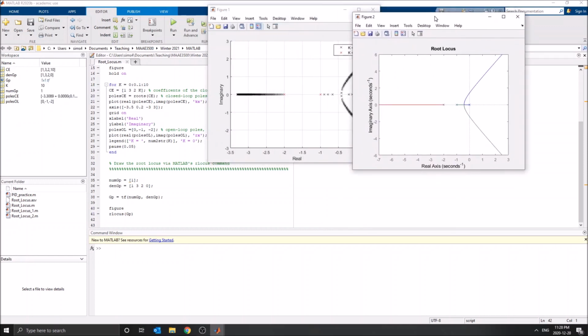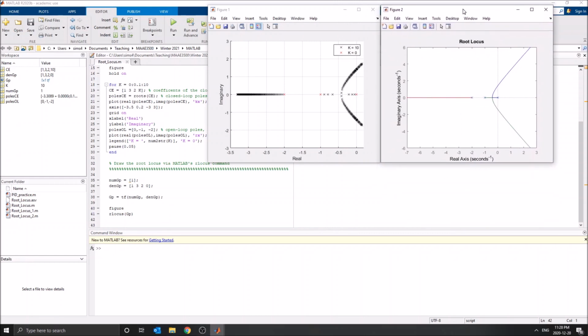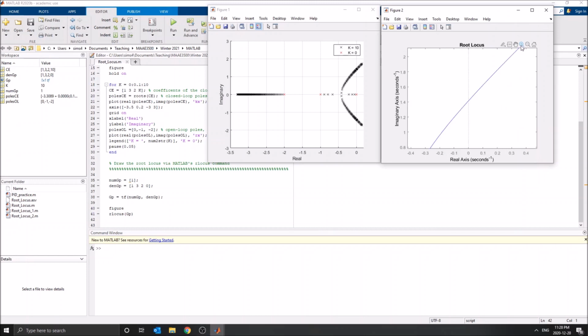And surprise, surprise, the MATLAB rlocus command gives us the exact same result, but with the added benefit that you can zoom on, say, an interesting part, being the crossing of the imaginary axis, for example, and click, and you'll get the gain value at which the poles cross this axis and become unstable. So it would be at a gain of about 6 in that case.